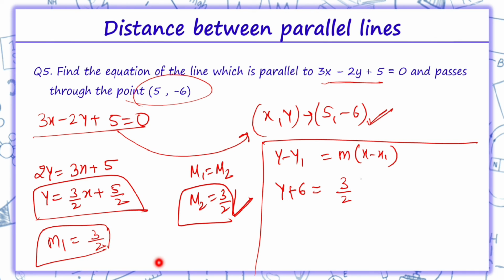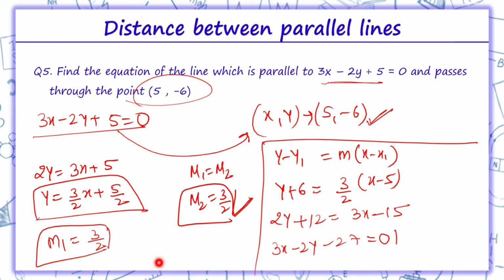M is 3 by 2 into (x minus 5). Solving this equation, 2y plus 12 equals 3x minus 15. Thus shifting everything to one side, we'll get 3x minus 2y minus 27 equals 0.